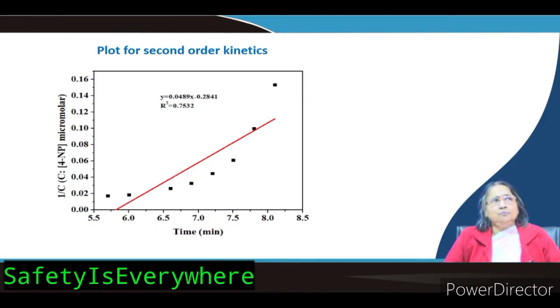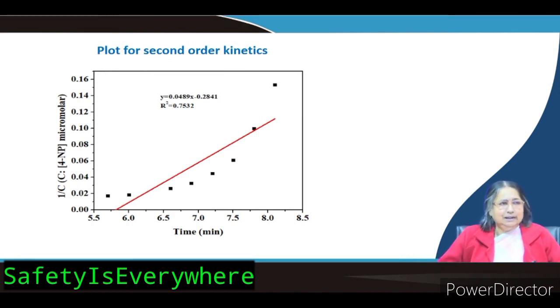Now, you can tell me what is the need to know the order. Why we will determine the order? Because order is a very important thing for a reaction. Rate is important, order is also very important for a reaction, and you will see later also how it helps. So, I think you have got a good idea about the determination of order by using some simple method, like here a simple spectrophotometric method.